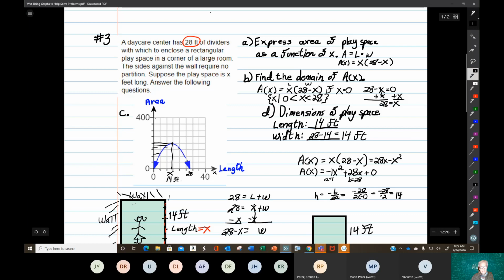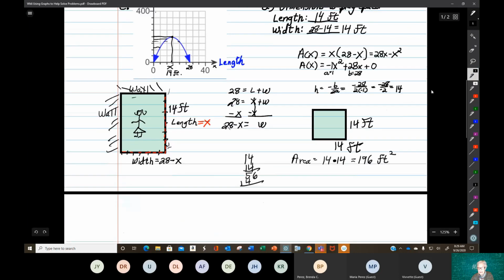Then you look at the graph. And actually, I think there's probably some way you can tell this is 14, but using what we learned last week, you don't need it because you can find that out just by using h.